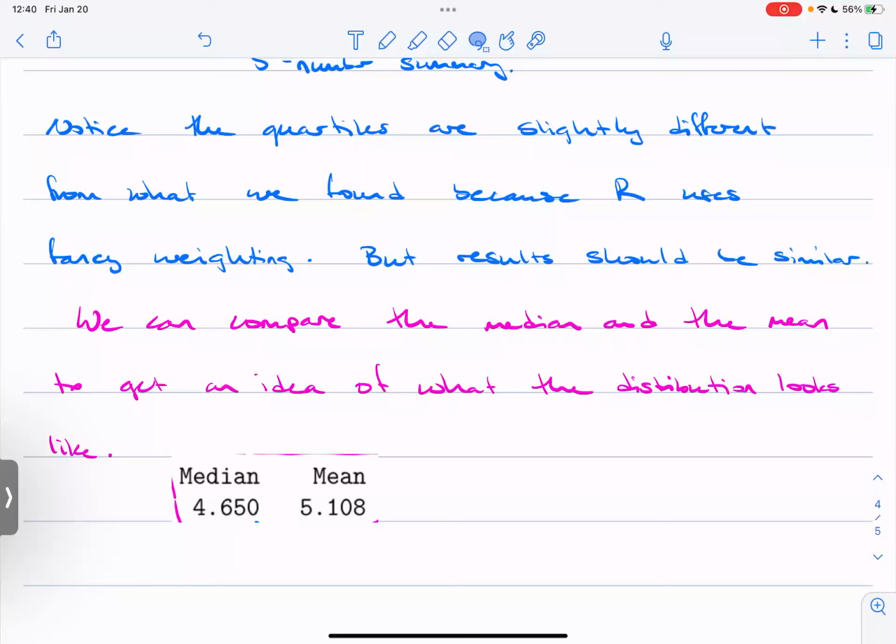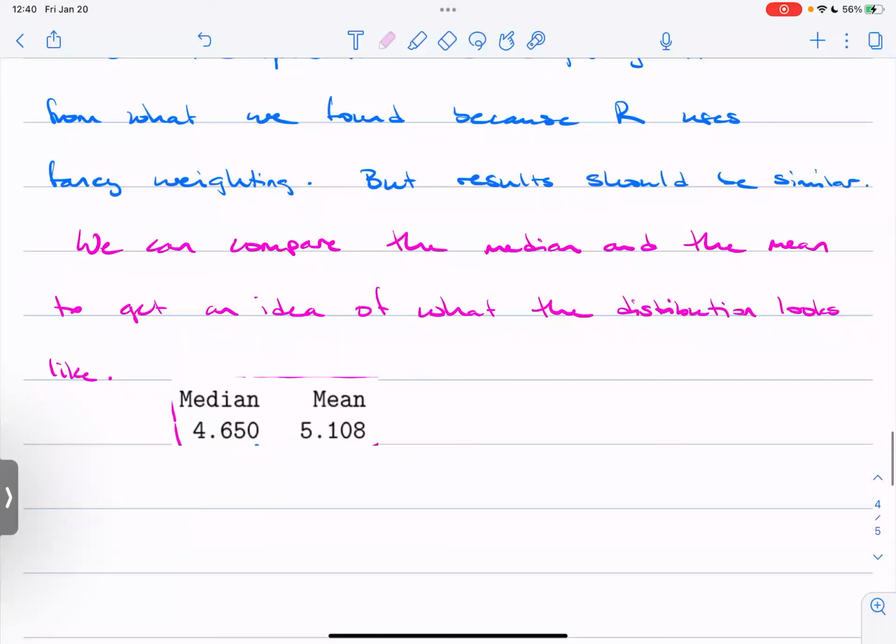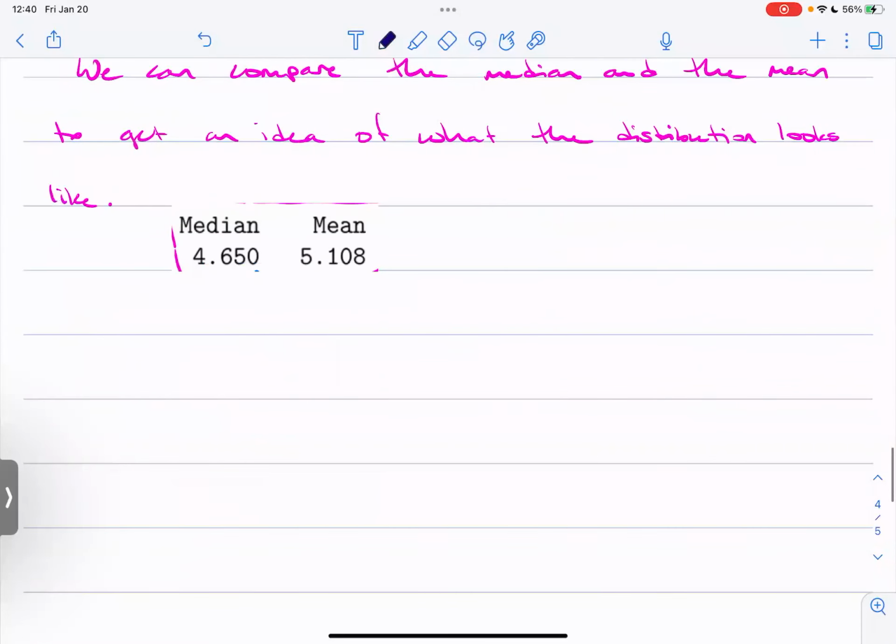So if I compare 4.65 and 5.108, I get an idea that the median is where the main cluster is, for some data. So what this would look like, I see something like this, because the median is a good measure of center for skewed or non-normal data.